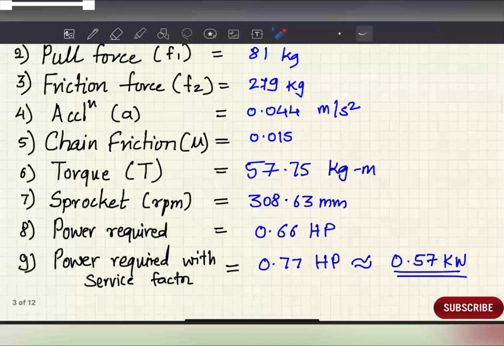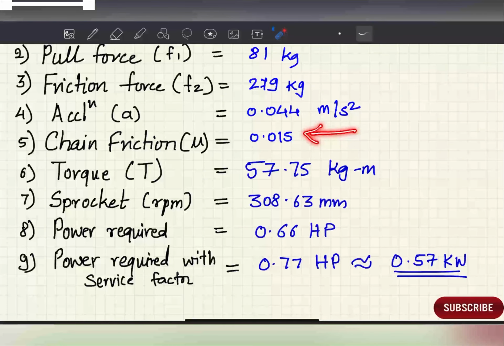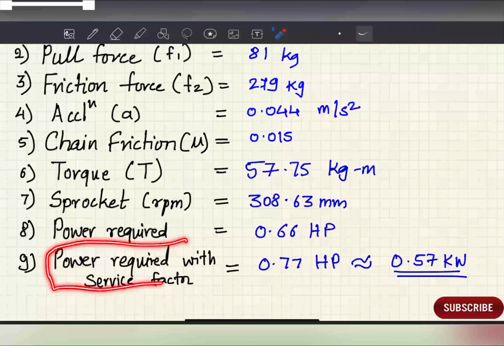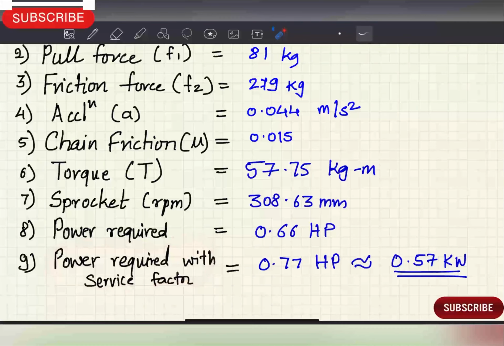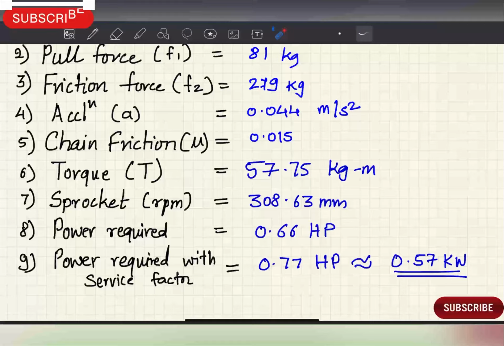Then we will see how to calculate acceleration of the motor, chain friction, then torque of the motor required, and the sprocket with the PCD, then power required and power required with the service factor. In this video we will be able to calculate all these parameters for the motor.